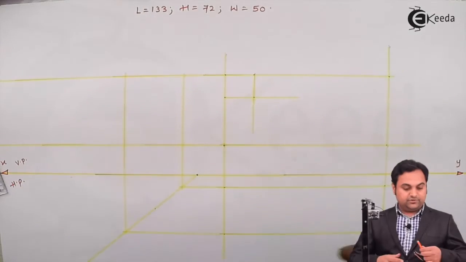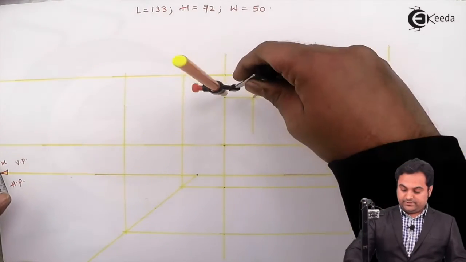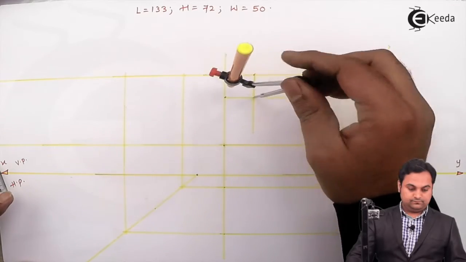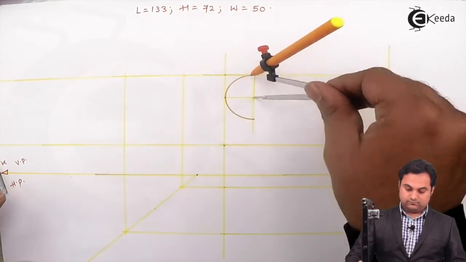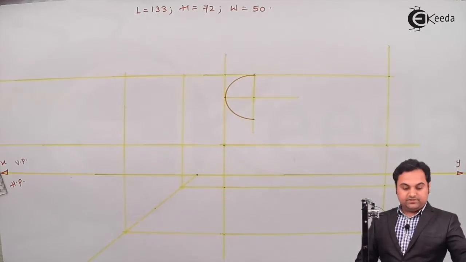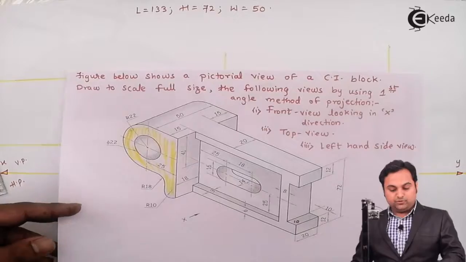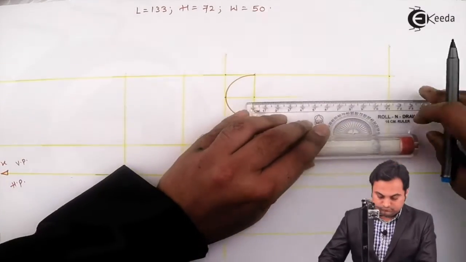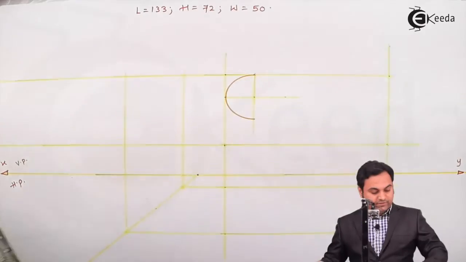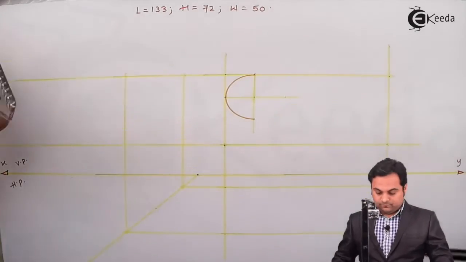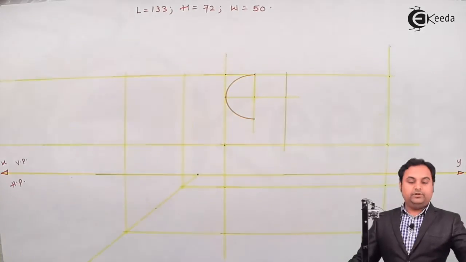So here is the center for the semicircle, then radius is already there. Next, after this, here the distance is 25 mm, that is the extended portion after the semicircle. Taking 25 mm, drawing a light vertical line.